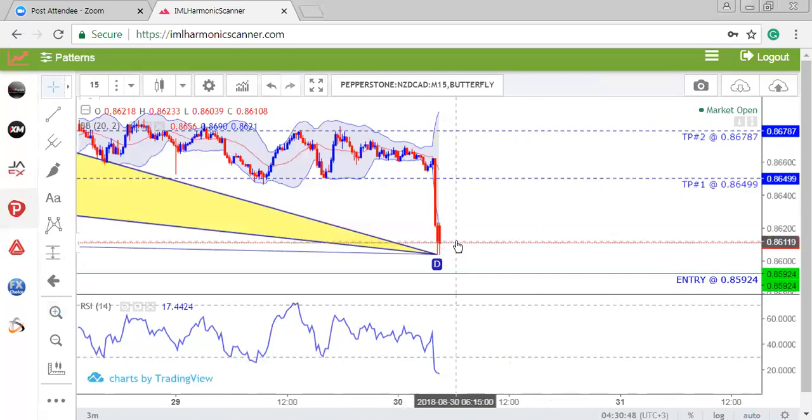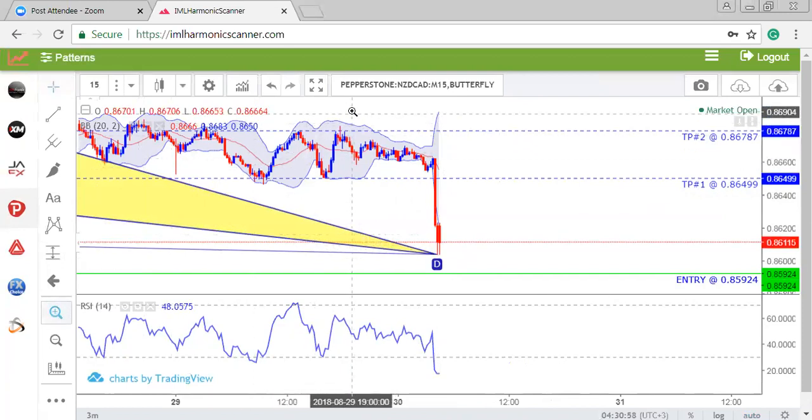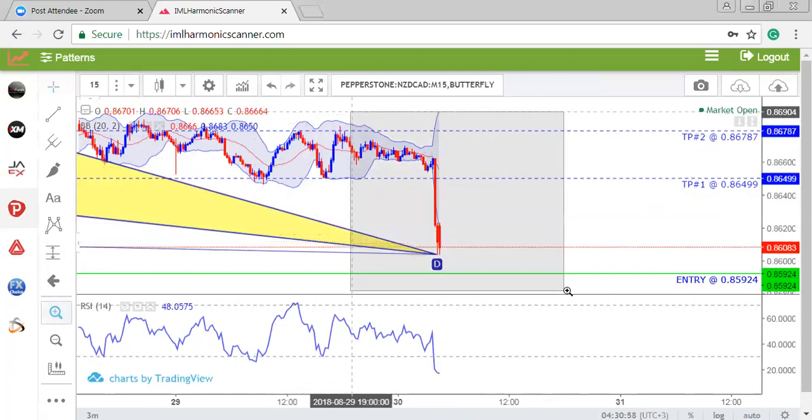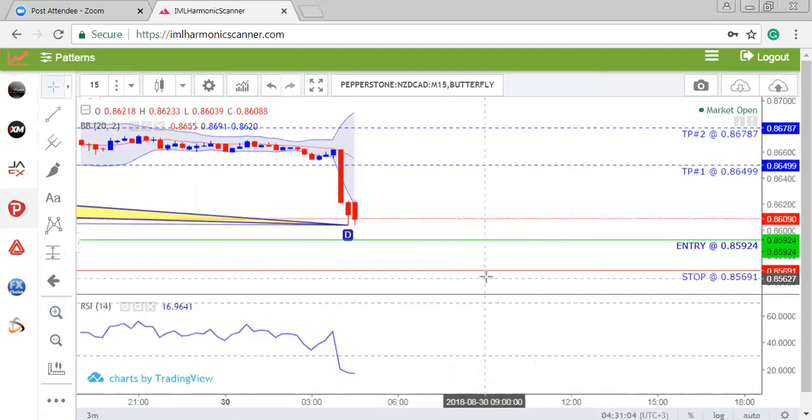So right now we can see that we've got, I think, two selling candles, and I'm going to go in a little closer by choosing the magnifying glass. So there we go.